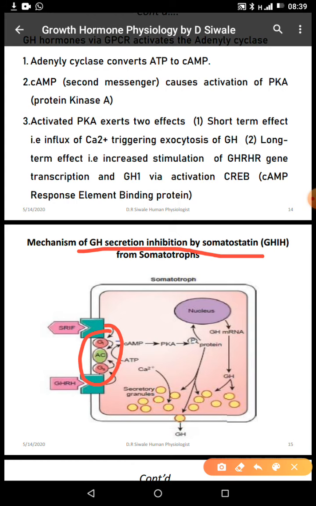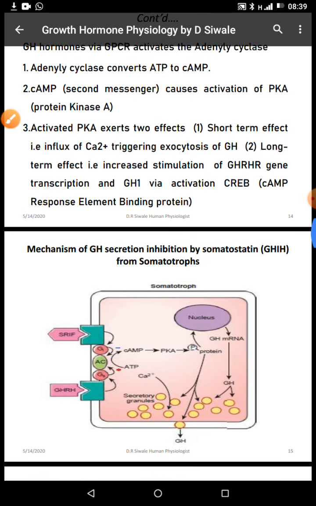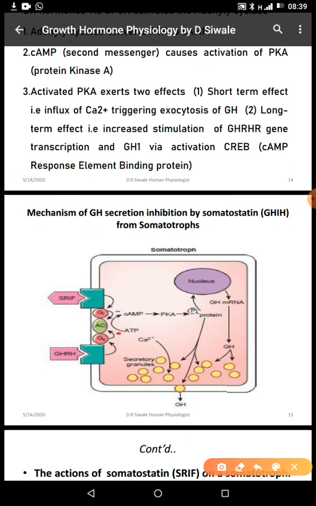So remember, the major inhibitor is this. It's called somatotropin release inhibiting factor. Okay, we said it's secreted by the hypothalamus, and it acts on the somatotropes to inhibit growth hormone secretion.